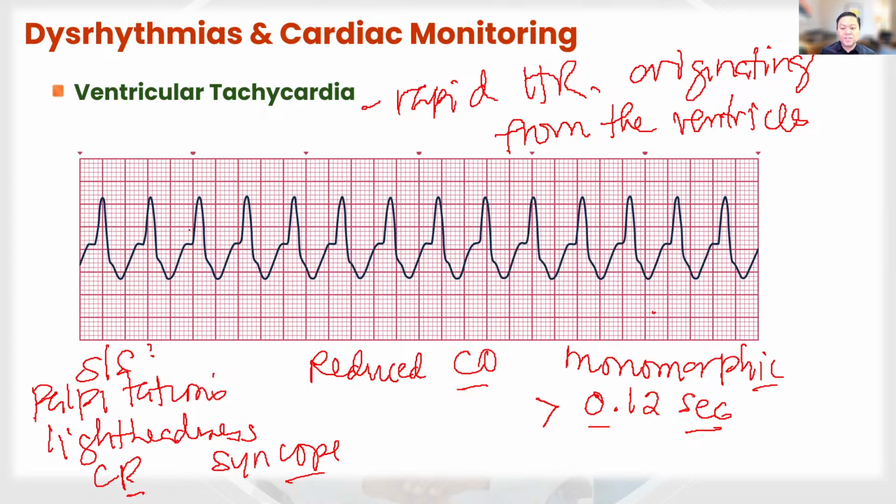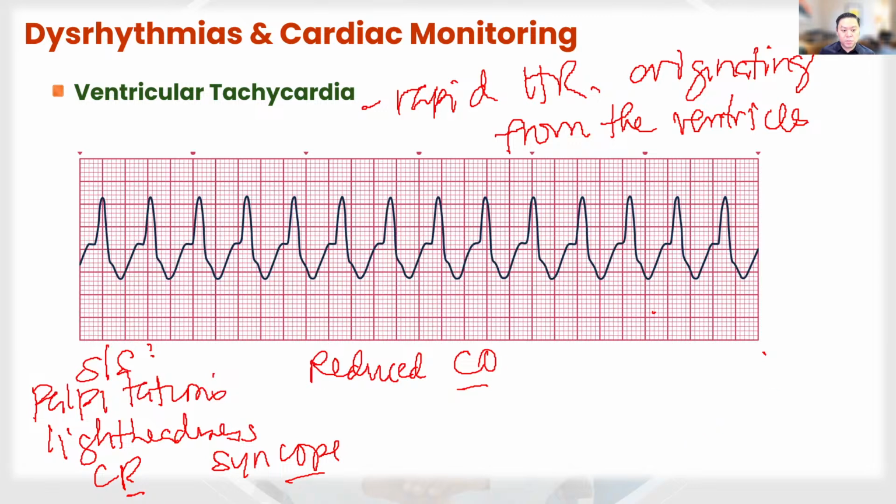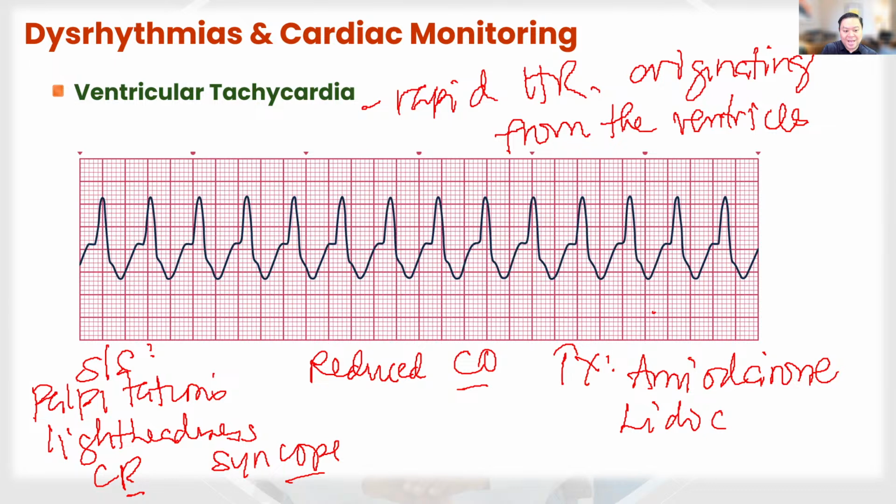Now, what are we going to do to help this patient with the VTAC? We're going to have to treat the underlying cause. We're going to have to administer the patient amiodarone. So our treatment here is amiodarone and or lidocaine IV.